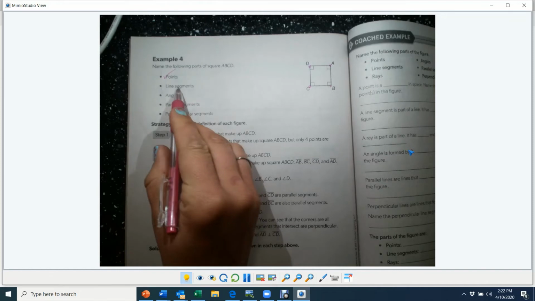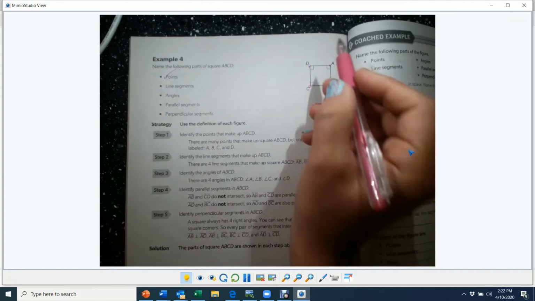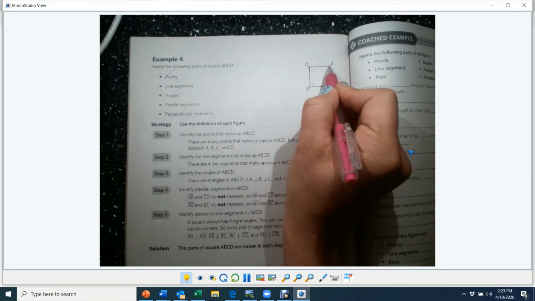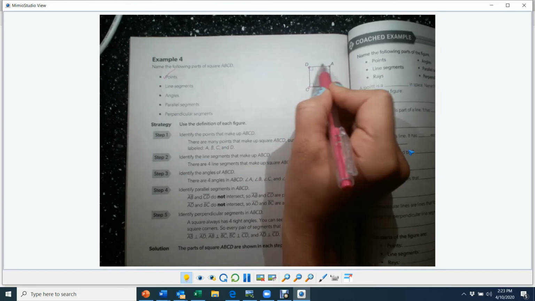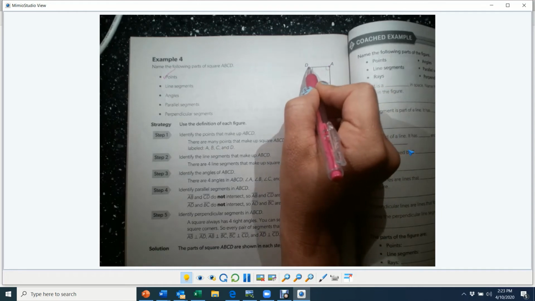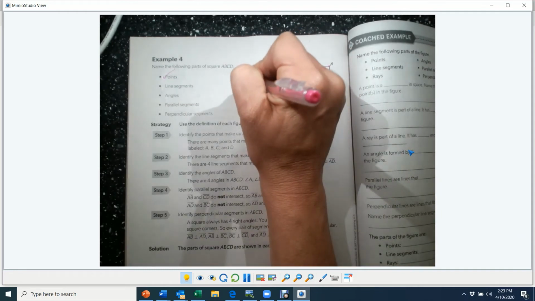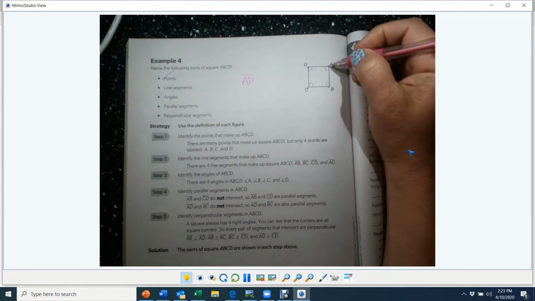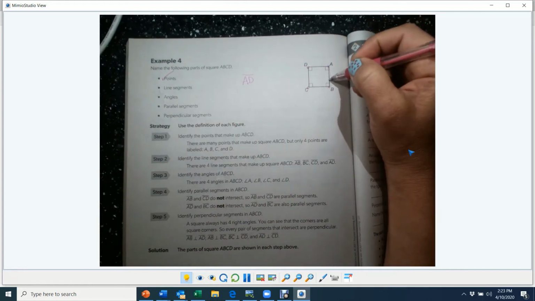Now let's talk about line segments on this. So because this stops right here at these points and it doesn't go on forever and ever, it's a line segment. So we have line segment AD, which remember when we do that, we just write it like that. We have line segment AB.